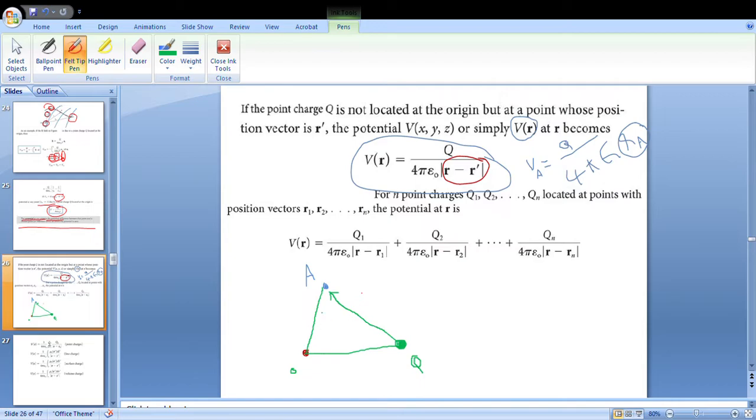So this should be final minus initial. This should be R, and this should be R dash. So what will be the equivalent here? Final minus initial: it will be R minus R dash. That is exactly what is written here, right? So now, what if there are multiple charges?